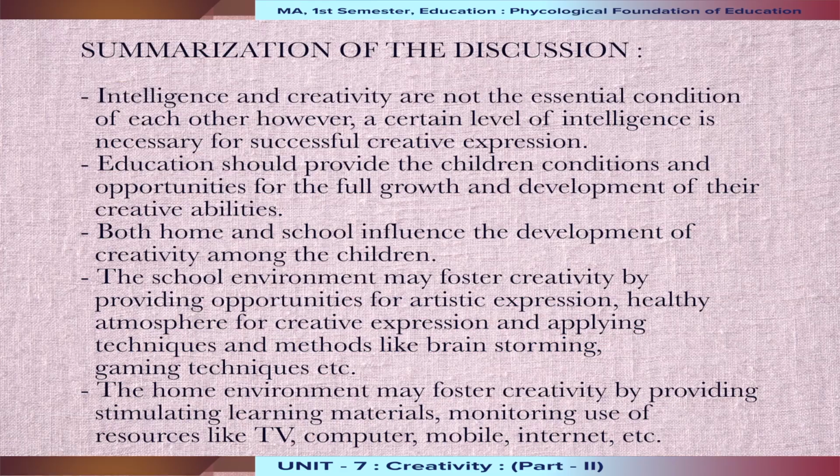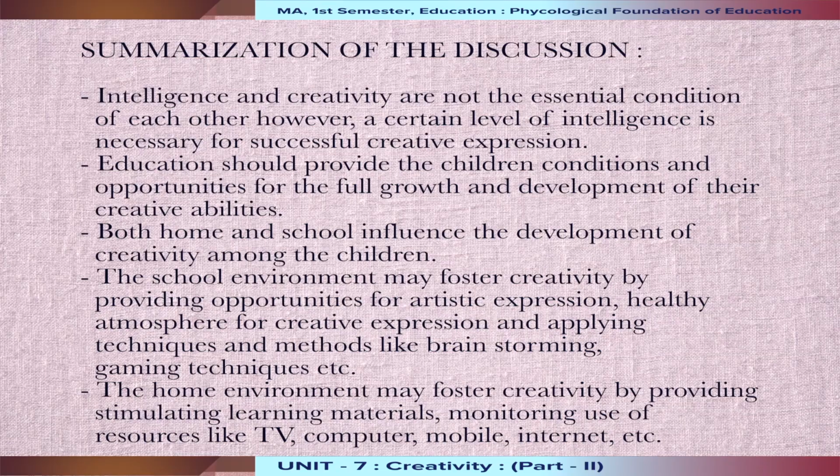Then education should provide the children the good conditions and opportunities for full growth and development of their particular creative abilities. And when we talk about education, it comes to the school and the teacher. The school as well as the home can influence a lot in the development of creativity by taking lots of care, by sharing their hobbies, and doing lots of things that we have discussed.